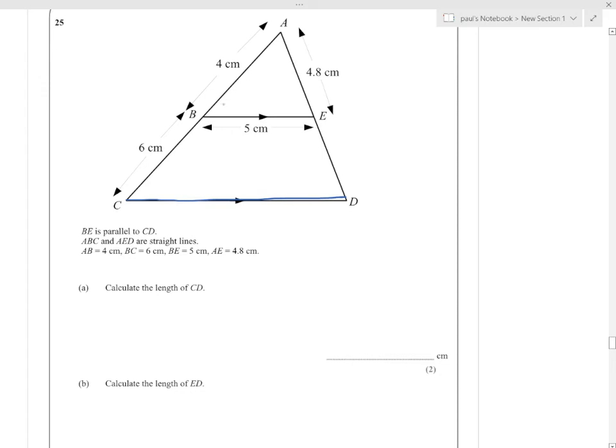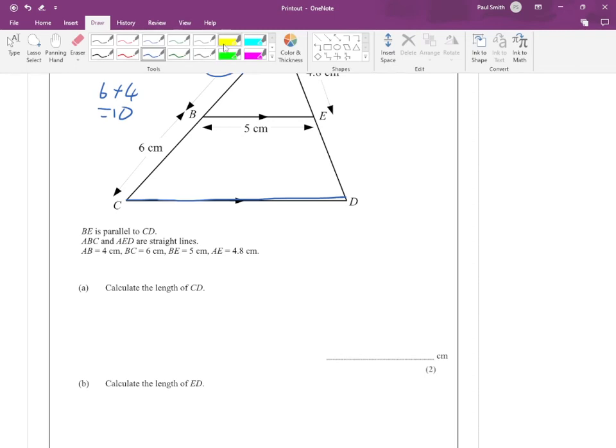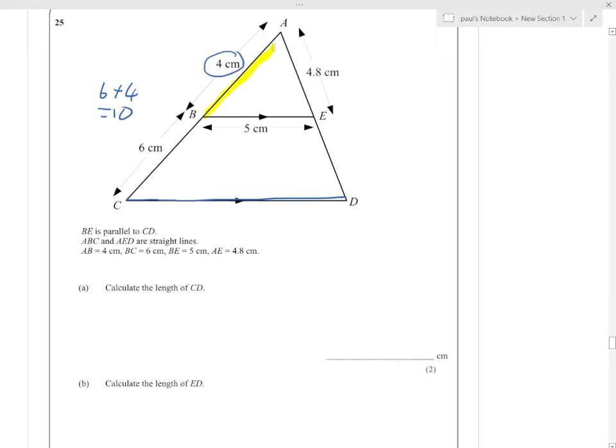Yeah, similar triangles. So we've got a 4 there, and the 6 plus 4 equals 10. So let's draw around. We've got a yellow triangle with a left-hand side of 4, and then we've got a huge green one, like that, with a left-hand side of 10.